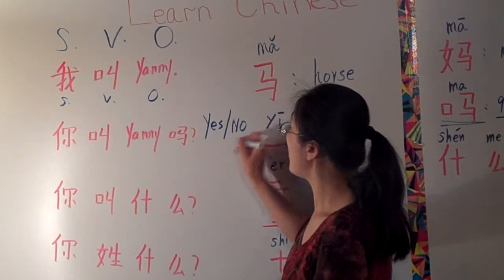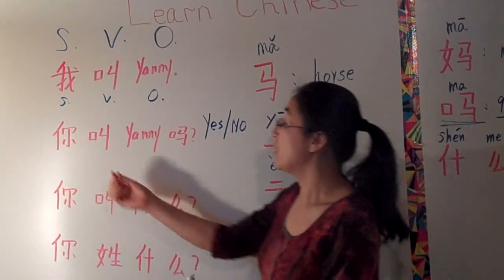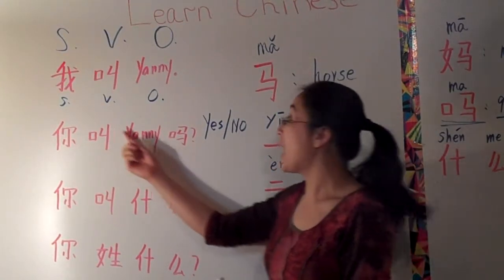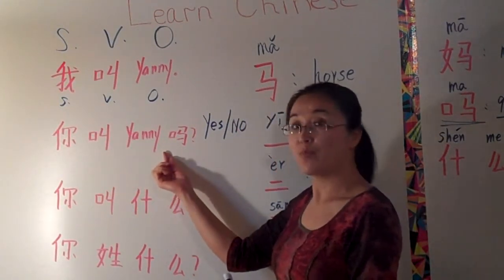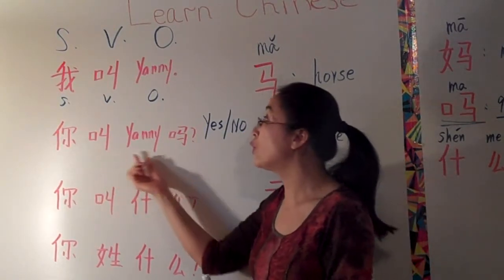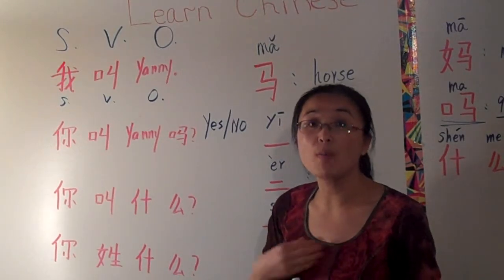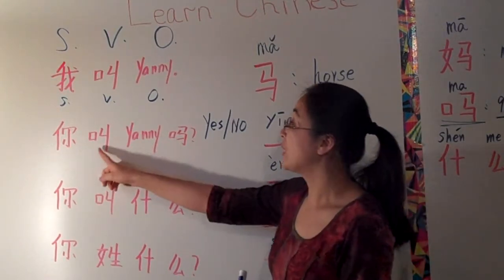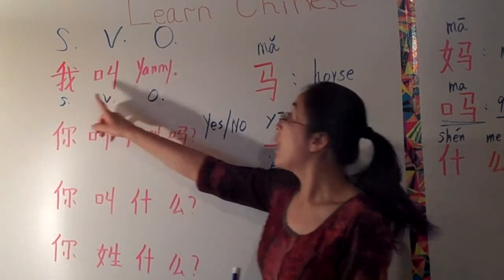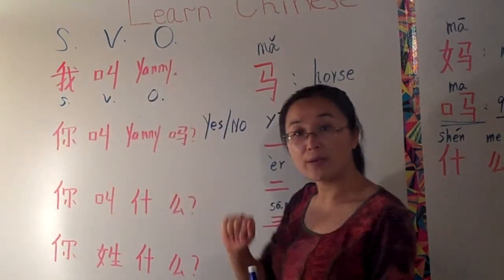Okay, we use ma to ask yes or no questions. 你叫 Yani 吗? Are you called Yani? Okay, I am called Yani. So my answer would be 我叫 Yani. I am called Yani.